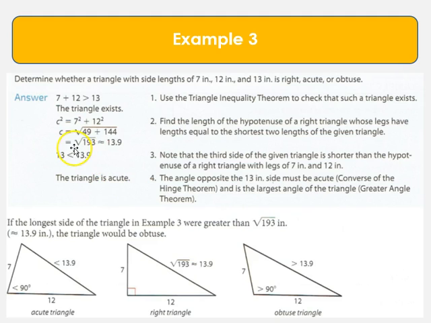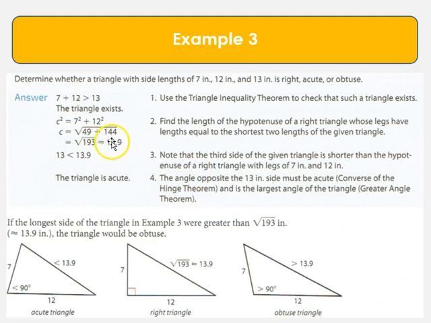Now in this situation, you wouldn't leave the radical because we're going to be comparing lengths of sides. It says here to note that the third side of the given triangle is shorter than the hypotenuse of a right triangle with legs of 7 and 12. So we just found the third side for a right triangle, and it's 13.9. The original third side was 13, which is shorter than the hypotenuse of a right triangle.